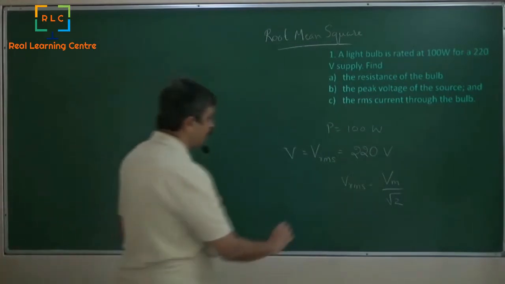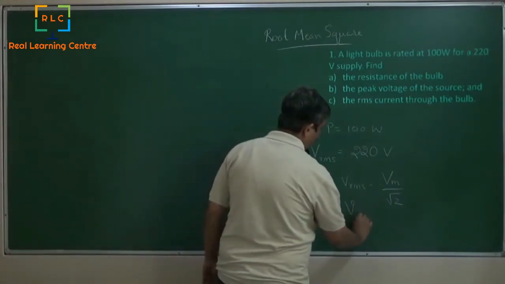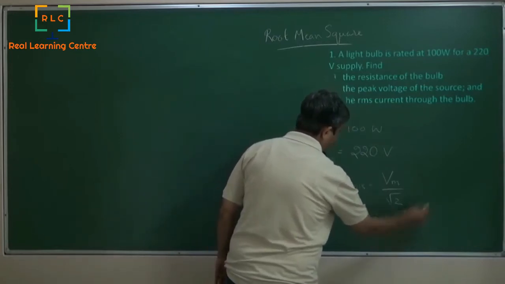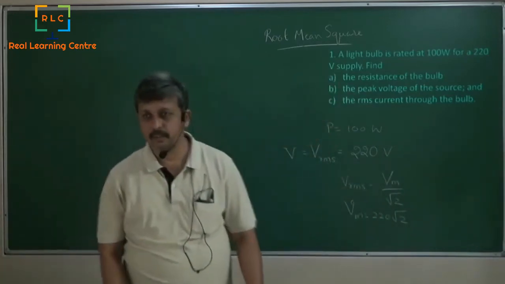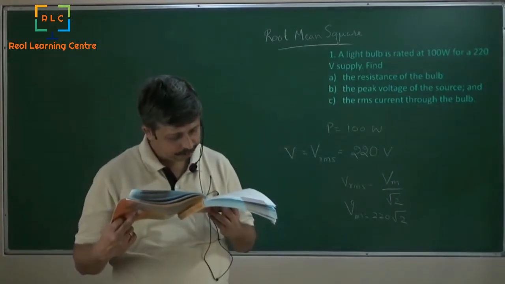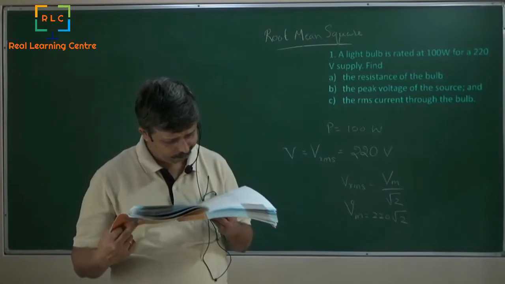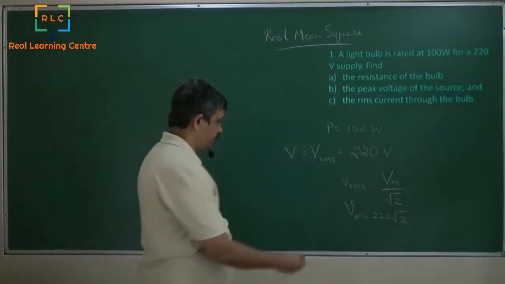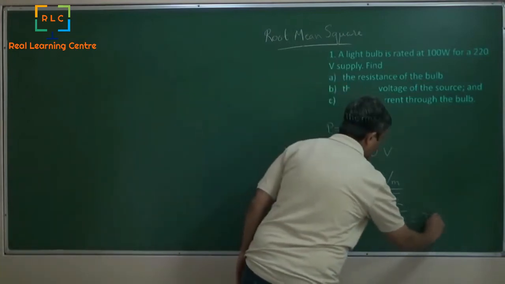That means V max is equal to 220 into root 2, which works out to be 311 volts. You can just use the calculator. 311 volts.